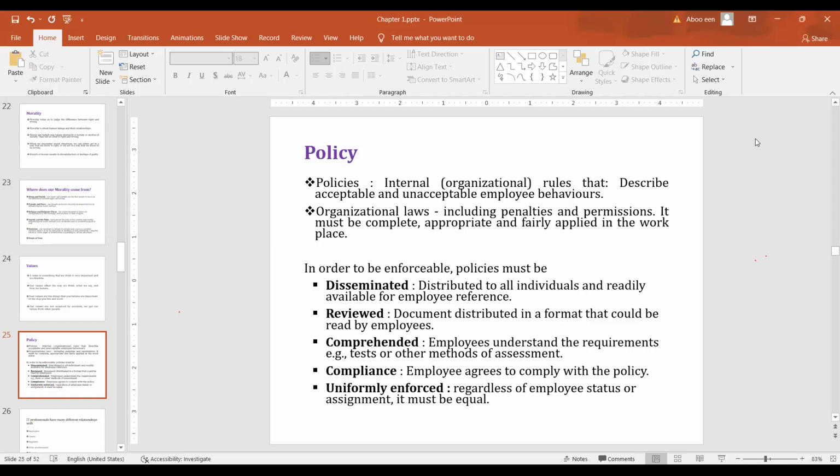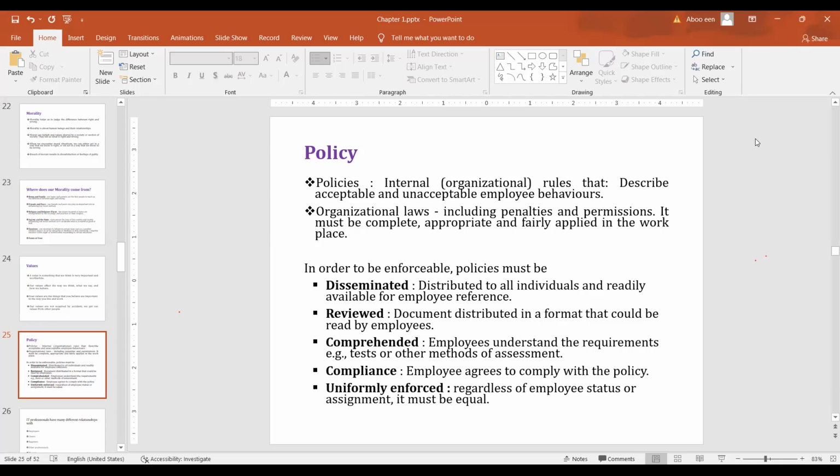But the policies are related with the laws, organizational laws. Policies are also connected with organizational laws. But organizational laws include penalties and permissions. Organizational laws include a set of rules and regulations, which describe some sort of permission as well as penalties.